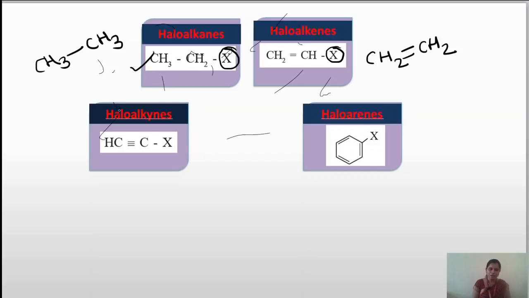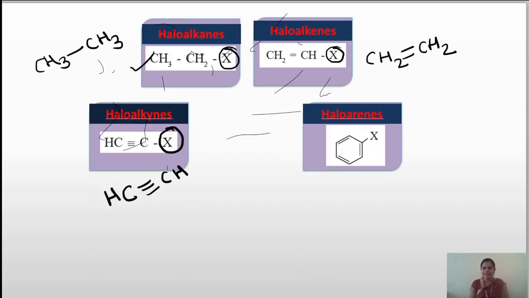Next is the haloalkyne. Here I take the example of ethyne. What is the formula of ethyne? You all know that the formula of ethyne is CH≡CH. Here I replace this hydrogen atom of this ethyne by this halogen atom, and then I will get the structure of the haloalkyne.